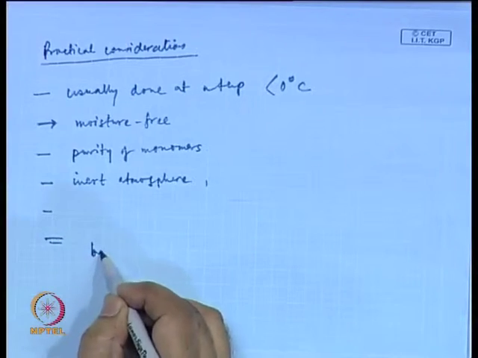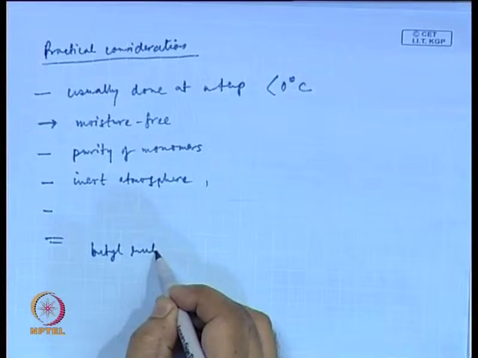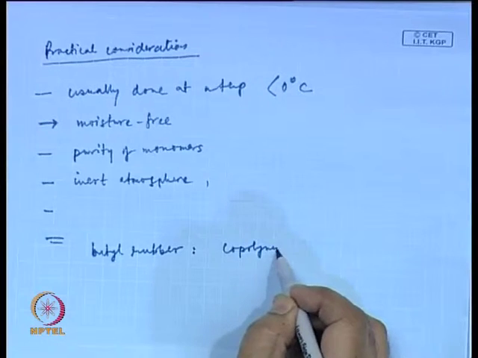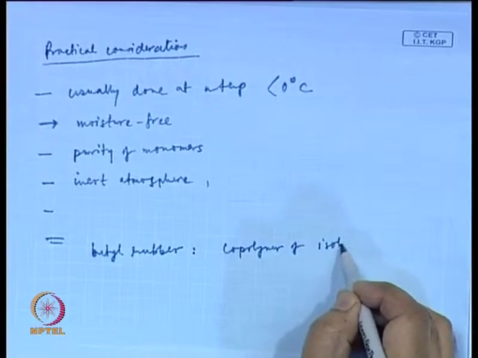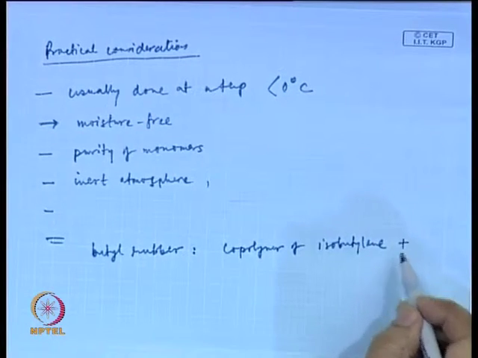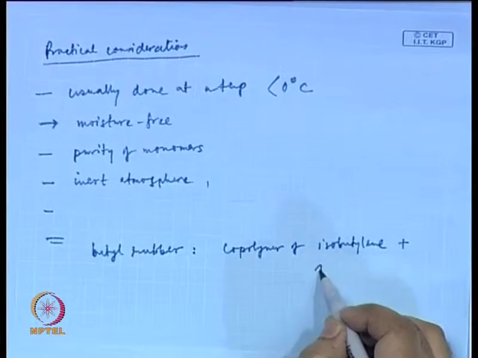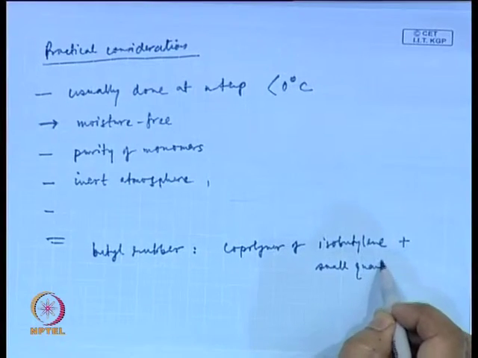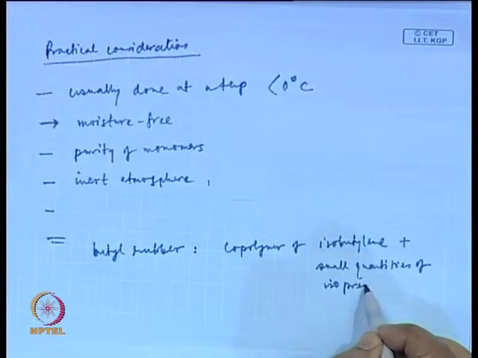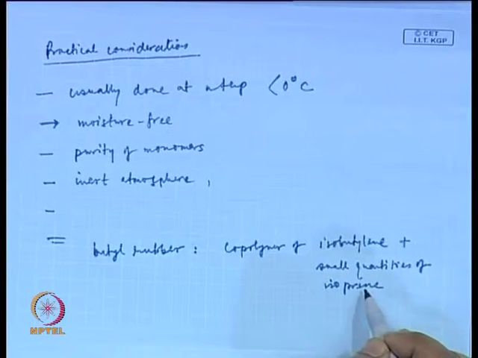The only polymer synthesized on a commercial scale is butyl rubber, which is basically a copolymer of isobutylene, the example of which we gave many times in this lecture, and small quantities of isoprene.